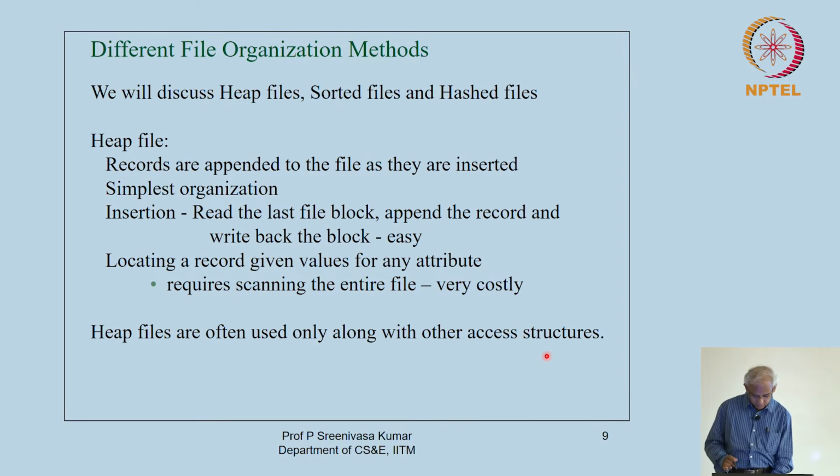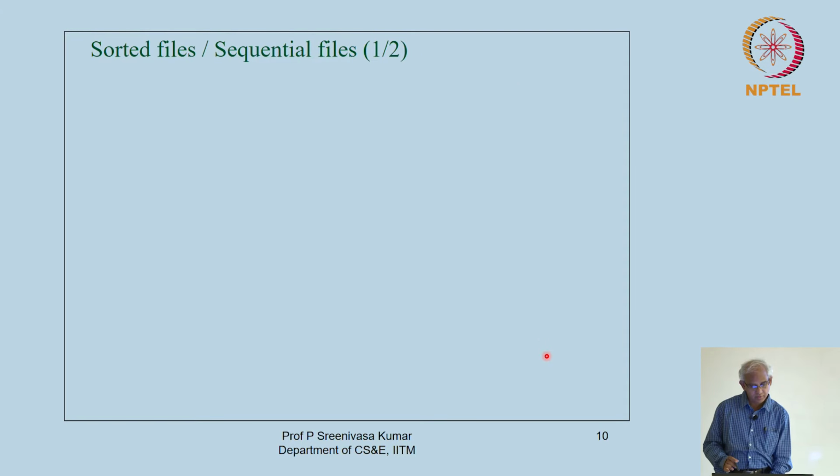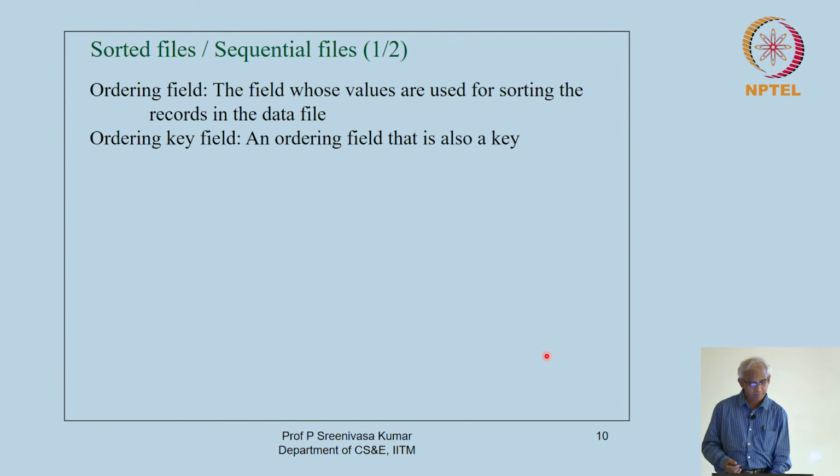Okay. So the next one is a very interesting organization, which is also called the sequential file or sorted file. What we will assume here is that there is a field called the ordering field of the record that is chosen so that the records are sorted on that field.